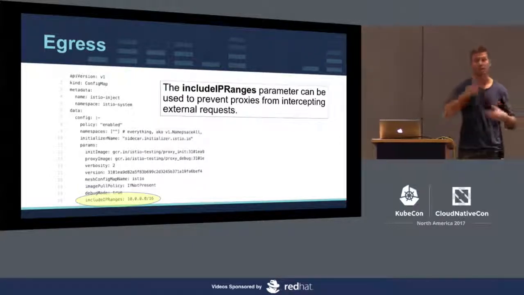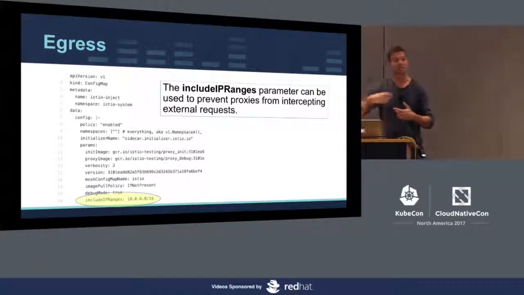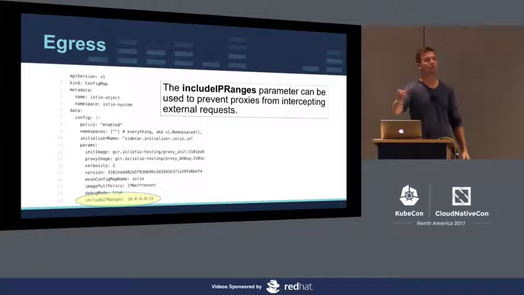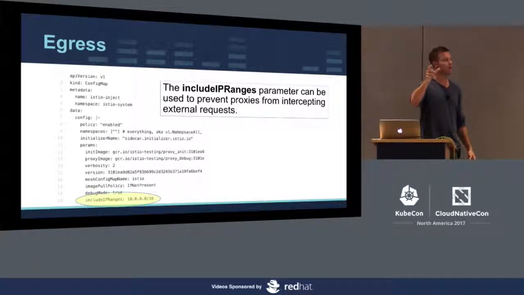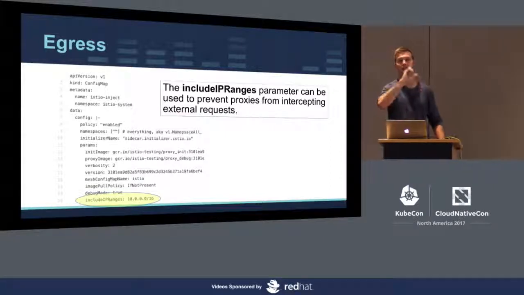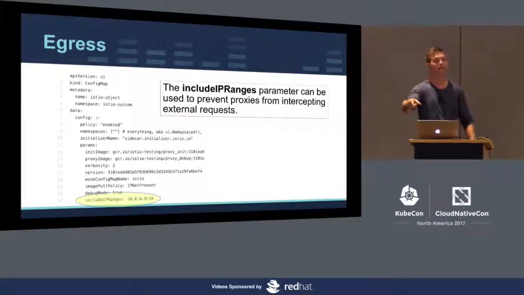So when the initializer initializes the sidecar proxies, it's going to say, hey, sidecar proxies, only intercept this traffic. The way that it does that is by going into the IP tables, telling that init container, instead of sending all traffic, only send traffic, in this example, for the 10.0.0.0/16 network.